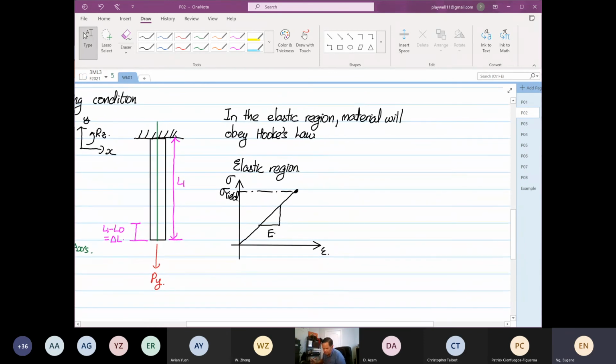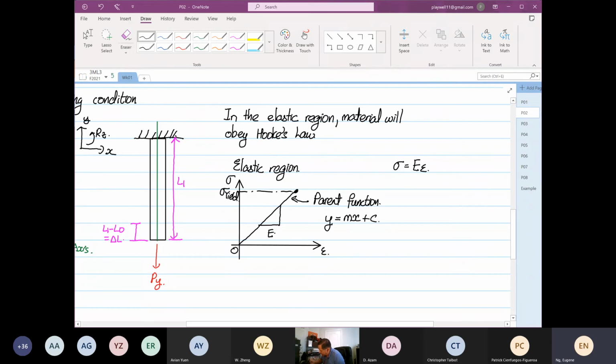And based on Hooke's law, I'm going to write up Hooke's law now. Hooke's law states that stress is equal to slope multiplied by epsilon. If you look at the parent function mathematically, y is equal to mx plus c.